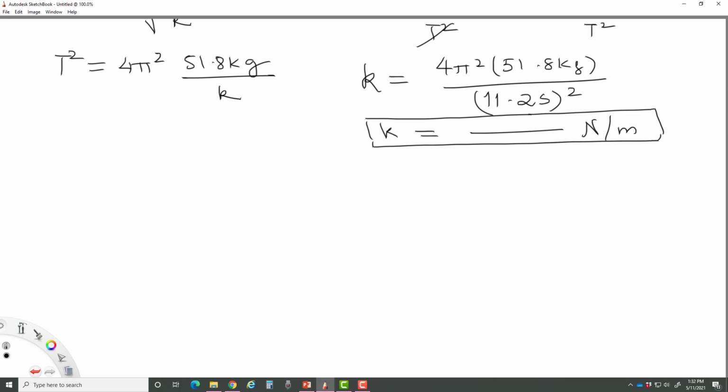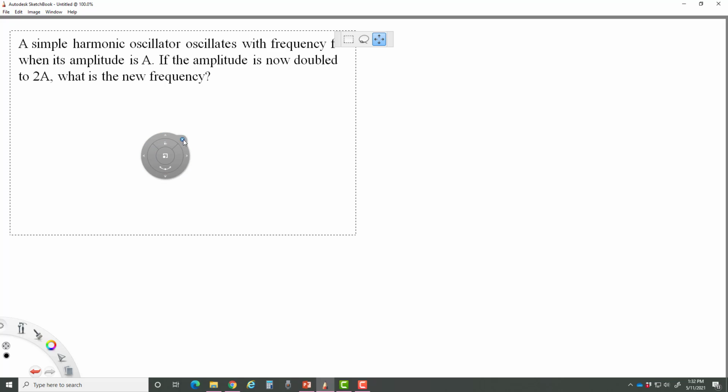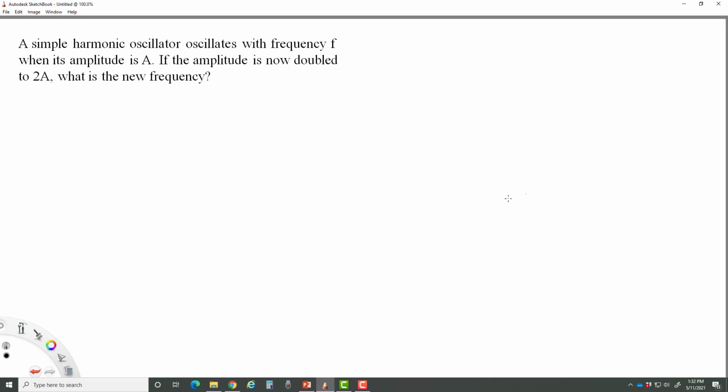Now let's look at another problem. A simple harmonic oscillator oscillates with frequency f when its amplitude is A. If the amplitude is now doubled to 2A, what is the new frequency? So this is a conceptual question, we saw this in lab.